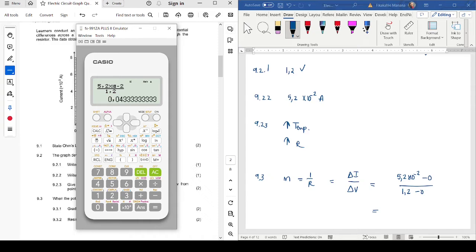And we get a gradient of 0,043. And what is the unit at that point? Well, because we have 1 over resistance, I don't know if it would be safe for me to say 1 over ohm.